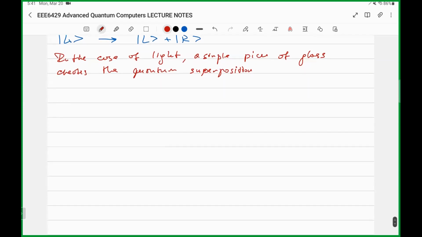So one surface of glass creates quantum superposition.